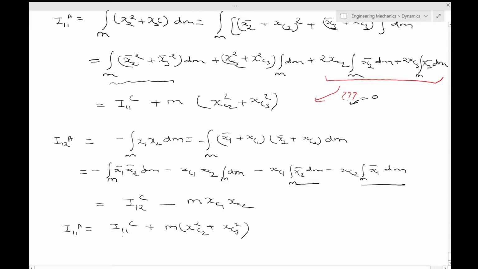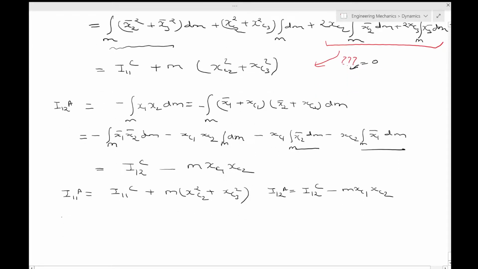Okay, so this is known and this is known now, because xc2 and xc3 should be known to us, and I12 of A is equal to I12 of C minus m xc1 xc2, and then we can write I22 of A is equal to I22 of C plus m (xc3 whole square plus xc1 whole square).